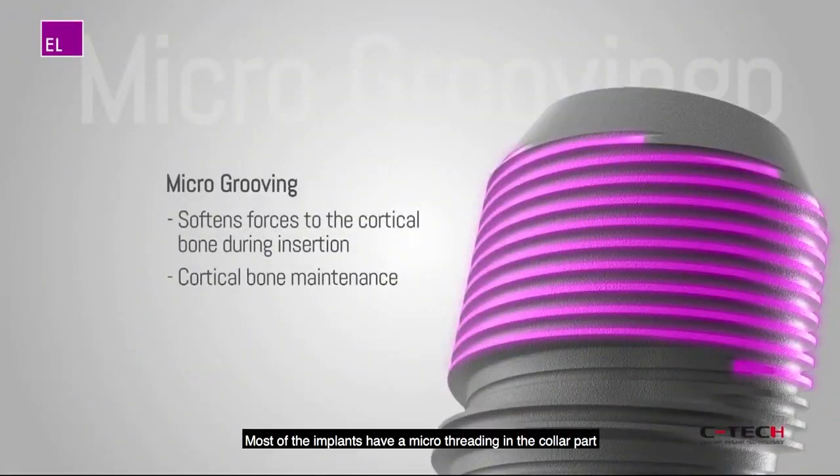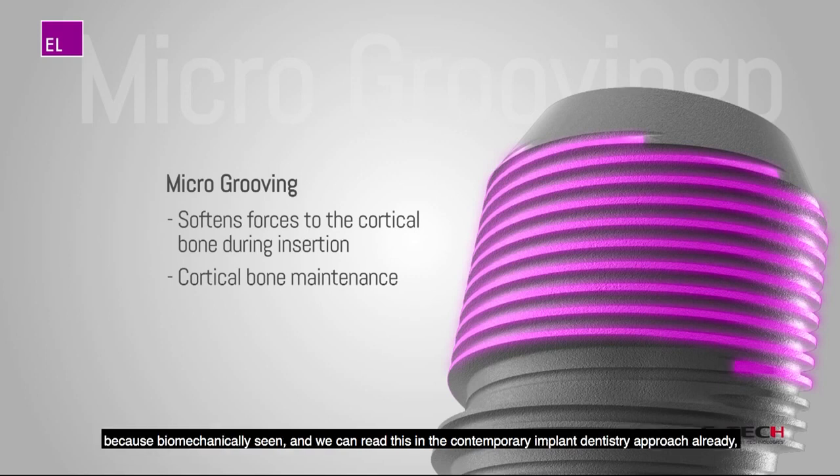Most of the implants have a micro threading in the collar part, because biomechanically seen, and this we can read in Carmichael's Contemporary Implant Dentistry already, it has a less damaging effect on the cortical bone, which is less vascularized.